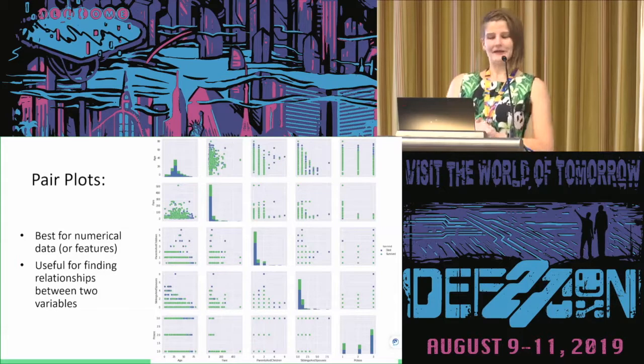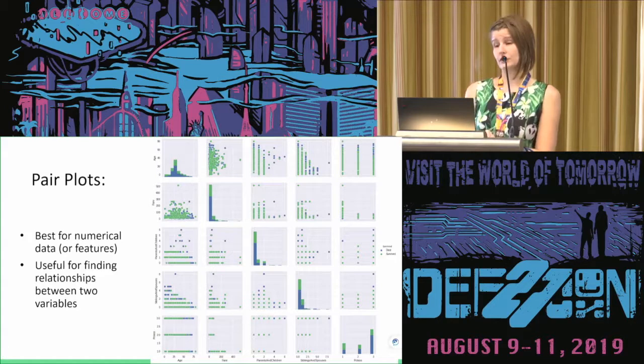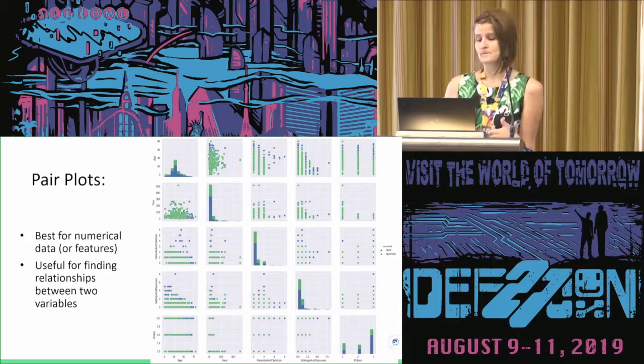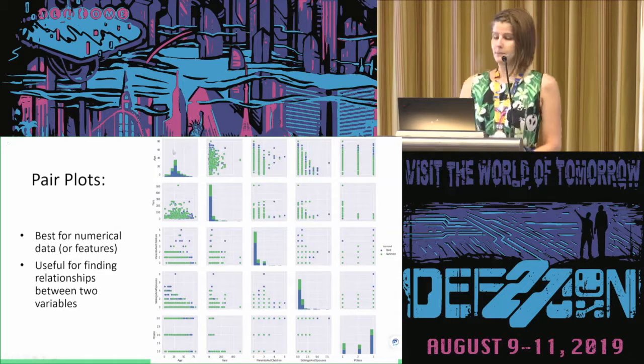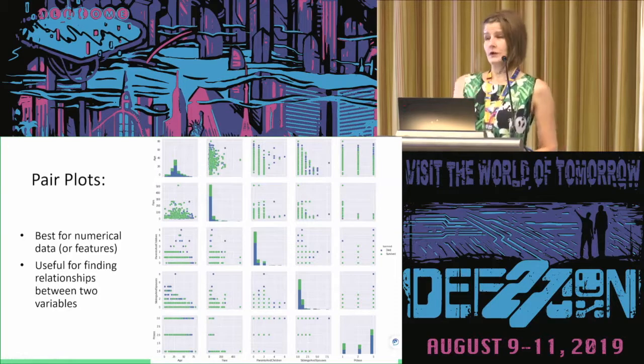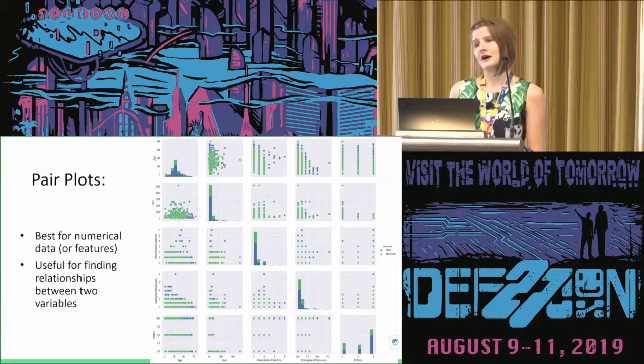And another thing that I like, pair plots. Pair plots are great because you can see how two variables are related. This is not the best example of a pair plot, but you can sometimes see that all it really takes is those two variables to separate out your classes, if you're lucky.